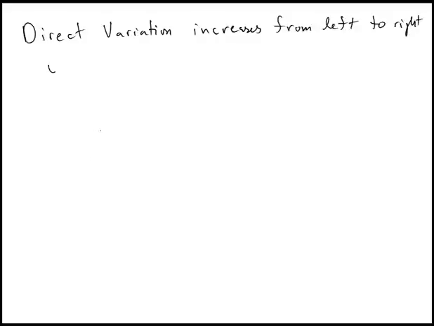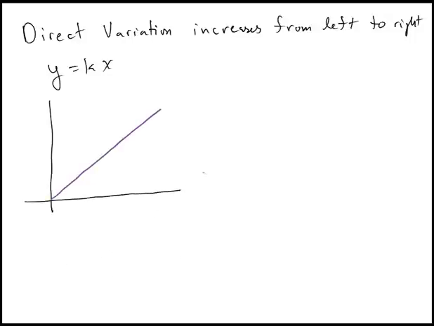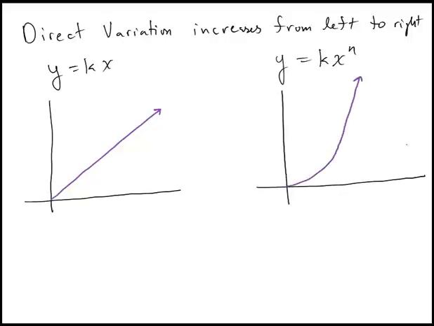So if we have y equals kx, we will get a line through the origin. If we have y equals kx to the n, we will get some sort of curve from the origin and increasing. It's not always a parabola because it depends on the value of n. Okay, but generally we'll have a power that's increasing.